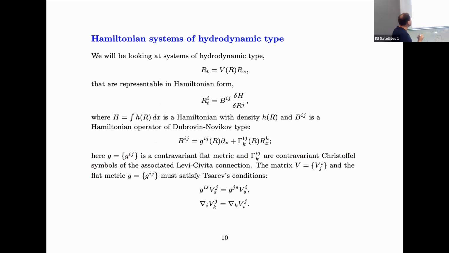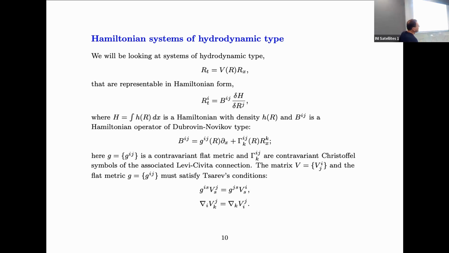Okay, now what are Hamiltonian systems of hydrodynamic type? So suppose we have a system of this form. In indices, it's this: R^i_t equals V^i_j R^j_x, right? So R is a column vector, R1 to Rn, and V is an n by n matrix.